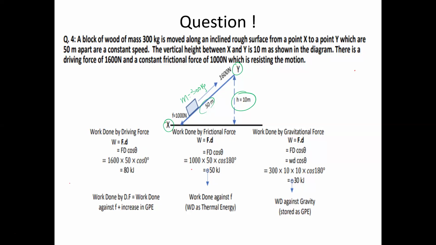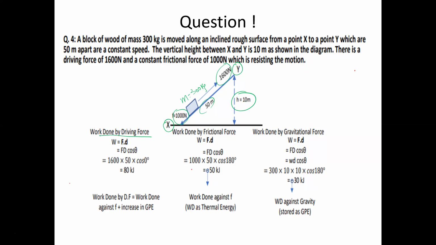There is a driving force of 1600 Newton and a constant frictional force of 1000 Newton which is resisting the motion. So there is a forward force of 1600 and a frictional force of 1000 Newton. The examiner may ask you to find the work done due to the driving force. How are we going to find it? We will use only the driving force.